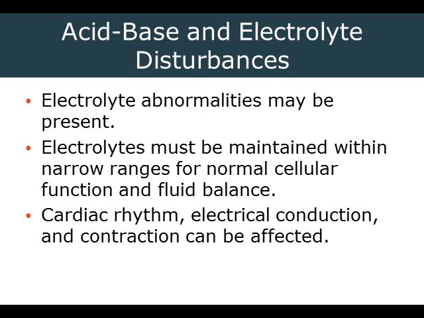So there's a variety of those kind of base elements that our body requires for its constant ability to do whatever it is it needs to do. We know sodium, potassium pump. So those electrolytes got to be maintained in that very narrow range for that cellular function and fluid balance.